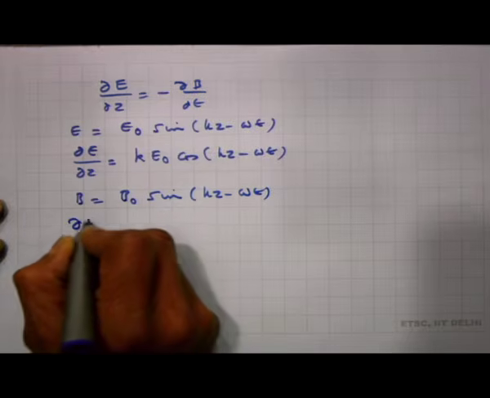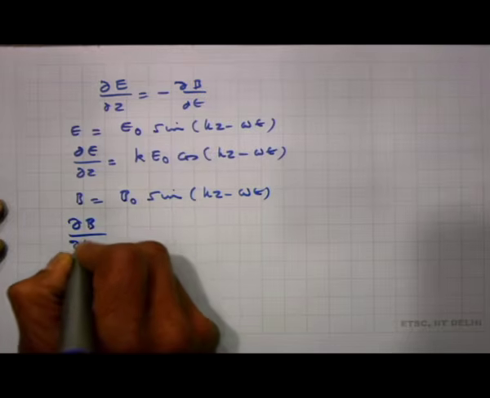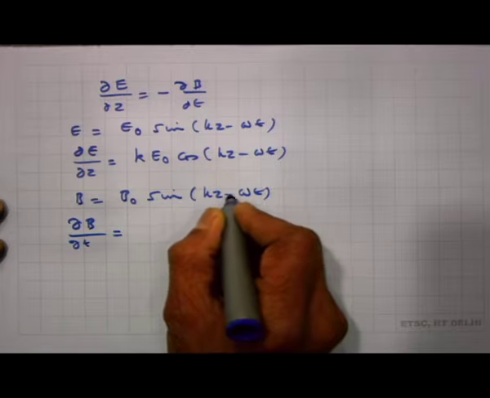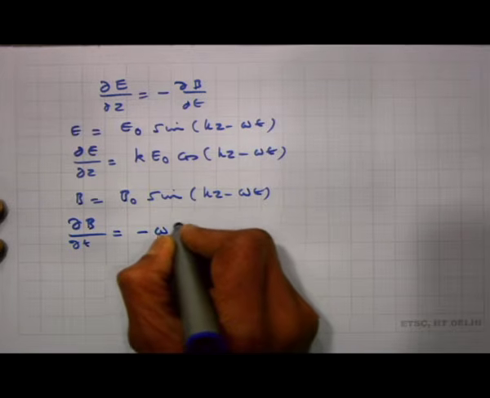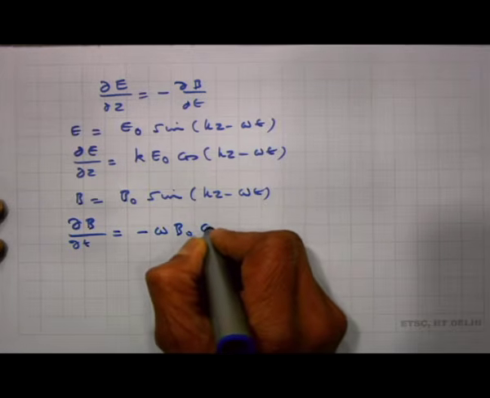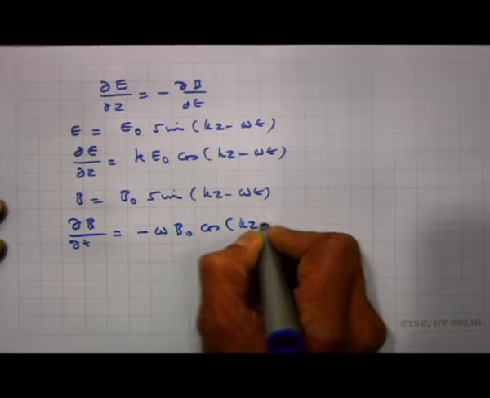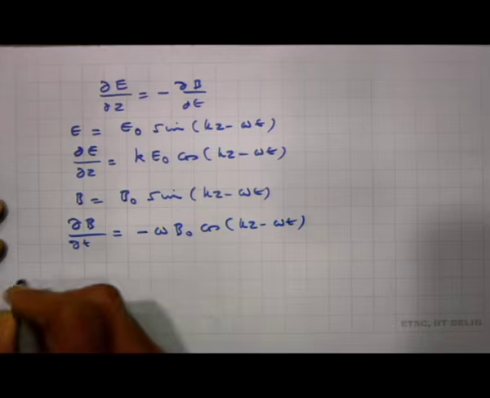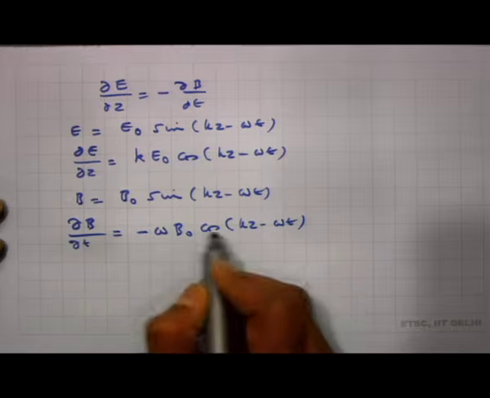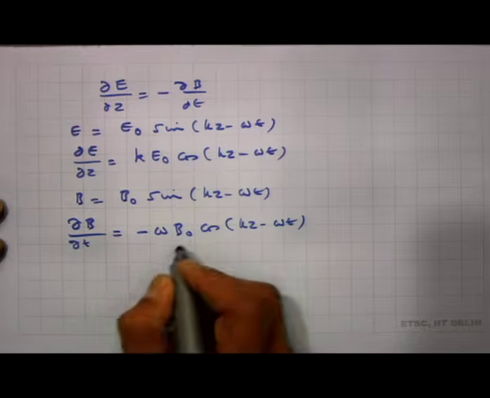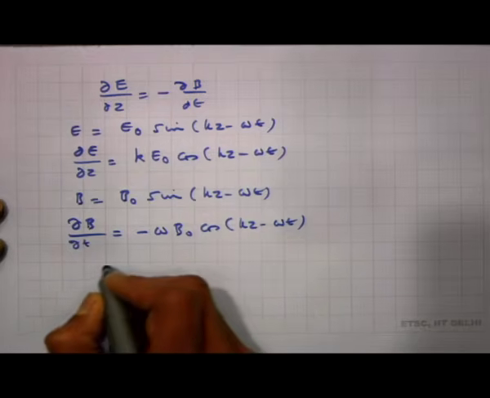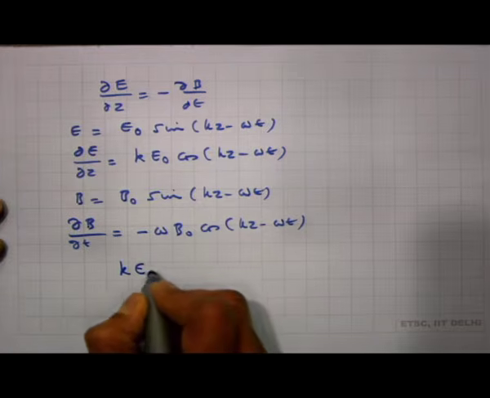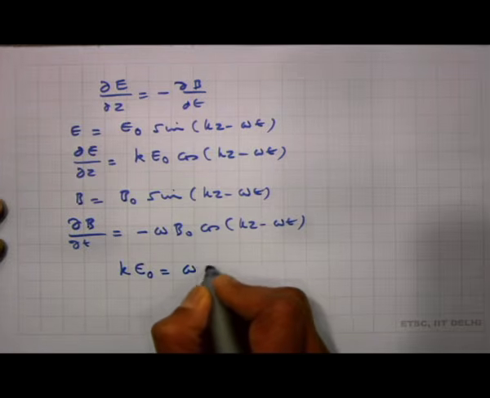So, ∂B/∂t will be equal to, now there is a minus sign here, minus omega B naught cos(kz minus omega t). So, this is ∂E/∂z, this is ∂B/∂t. I substitute here and this cosine function cancels off, and I get k times E naught is equal to omega times B naught.